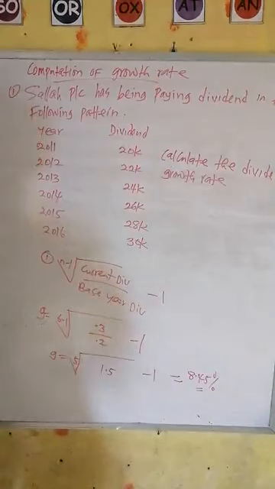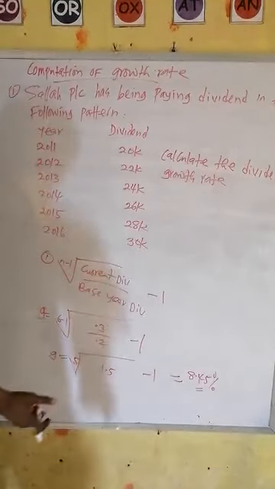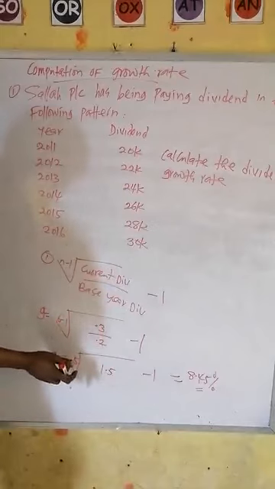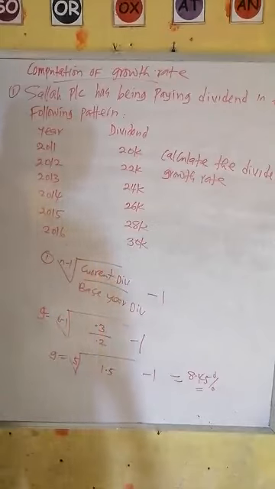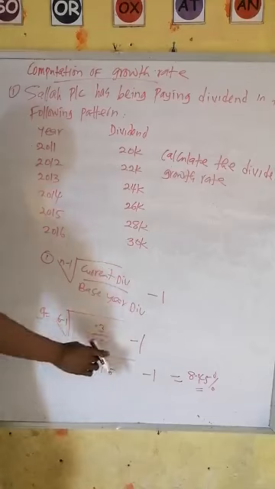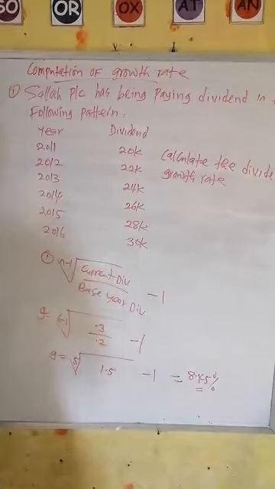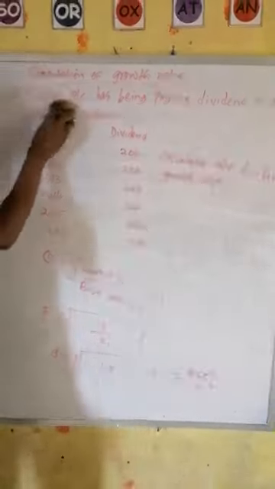That's our growth rate here. As I said, we will do a video showing how to press the calculator to find the fifth root or any root you are given. That is the question on determination of growth rate. Now let's look at another question on growth rate.